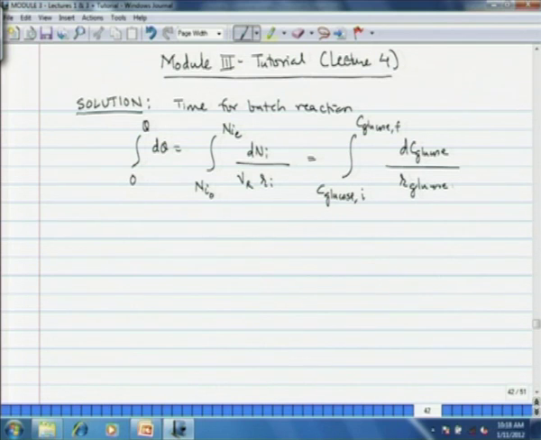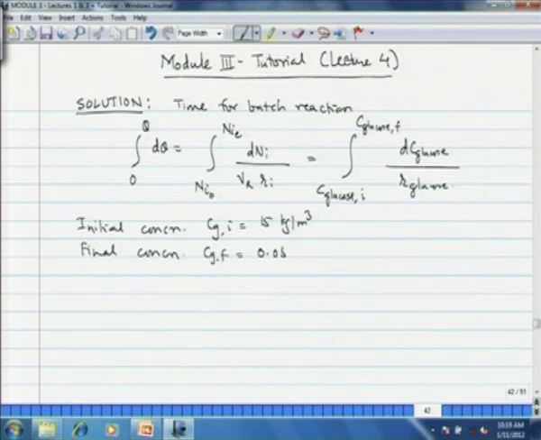Now, here onwards we will indicate glucose concentration by Cg and not glucose as a full word for brevity. We have been given that the initial concentration Cgi is equal to 15 kg per meter cube, and we have to go for 95%.